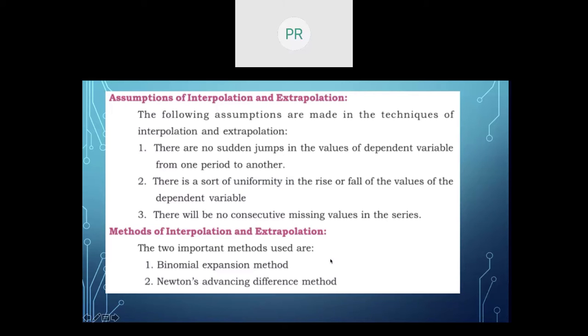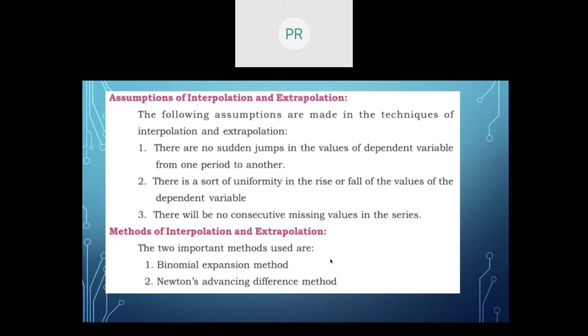Next, we are going to study the methods of interpolation and extrapolation. In this particular chapter, we will be studying two methods of interpolation and extrapolation. The first method is the binomial expansion method and the second method is Newton's advancing difference method. Now this binomial expansion method is already a familiar method because we have learned this in our first PUC.